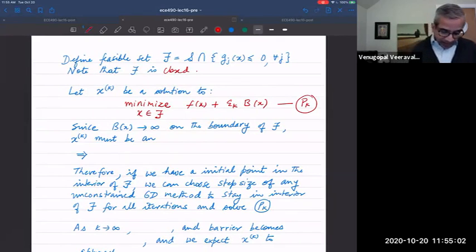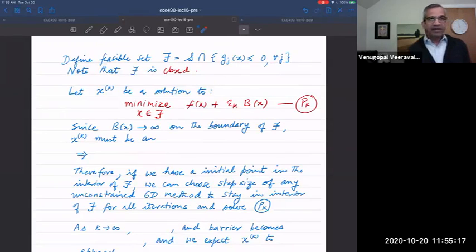Now, since the barrier function goes to infinity on the boundary of F, because the boundary of the g_j's will also define the boundary of F, on the boundary of F the barrier function is going to infinity. So that means that the solution to this optimization problem, which we'll call xk, must be an interior point.